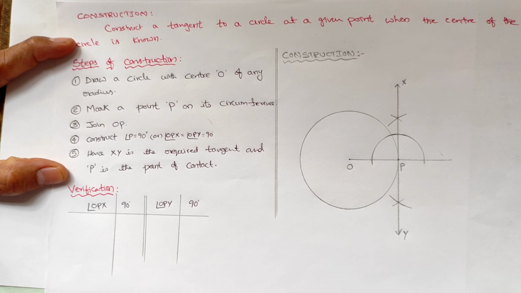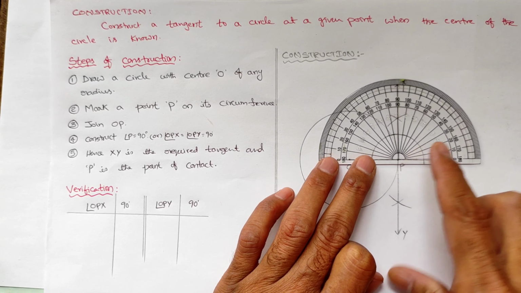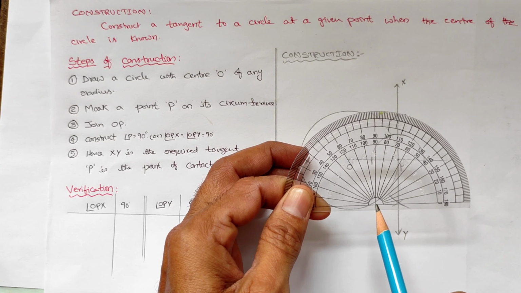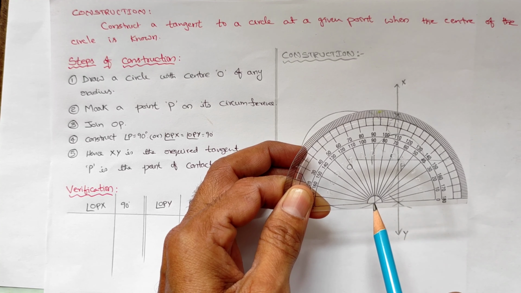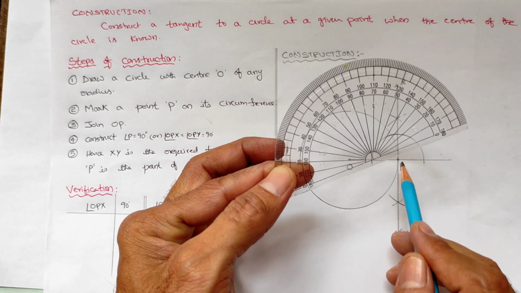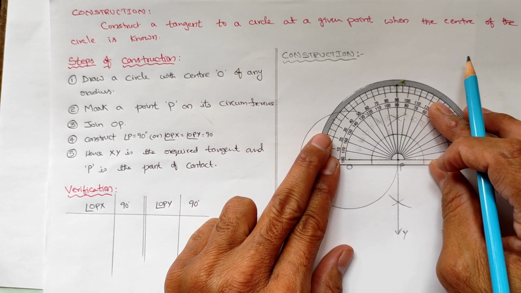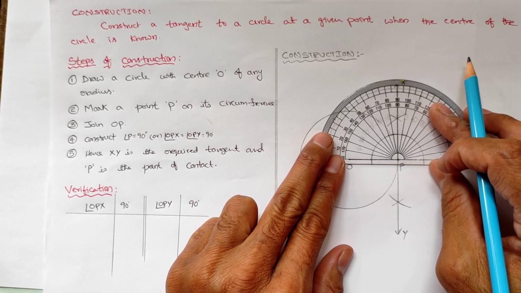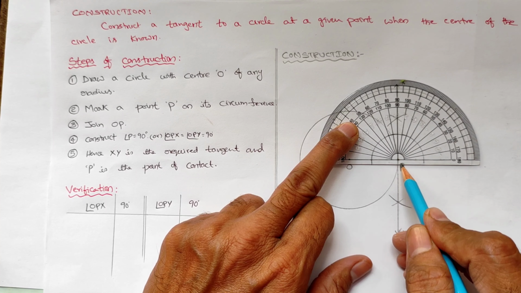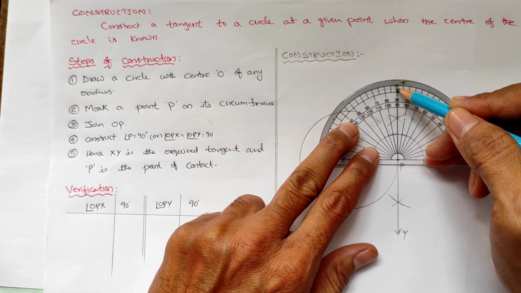So let us use a protractor to measure this. Observe carefully, this point should coincide with P, and this line should coincide with OP. See, this point coincides with P and this with O, and you observe that this is 90 degrees.